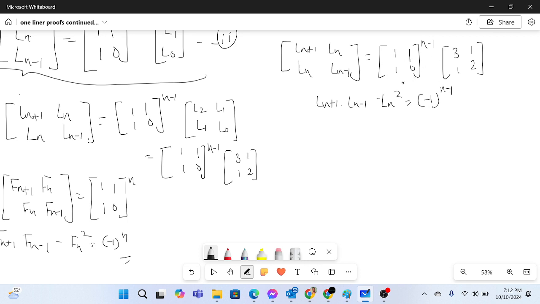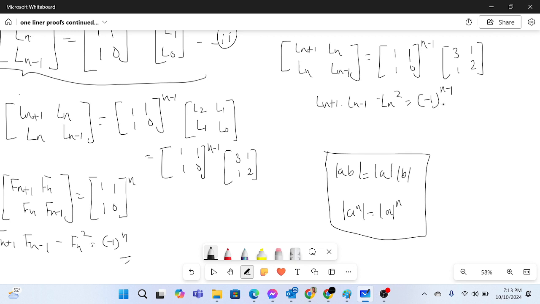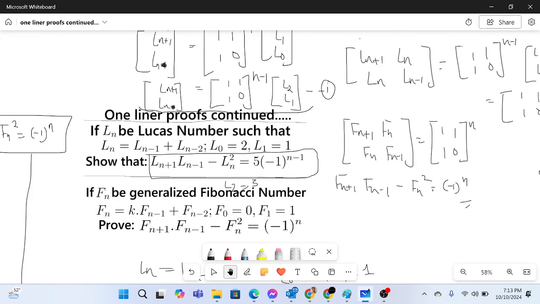What I mean is, if there's the determinant of AB, I can break this into determinant of A times determinant of B, right? So we take determinant on both sides and use this property, and then again, determinant of A to the power n is just determinant of A to the power n. So we use these things to get to the following conclusion: minus 1 to the power n minus 1 times 6 minus 1, which is 5. And that's how we prove this theorem for Lucas numbers, right?